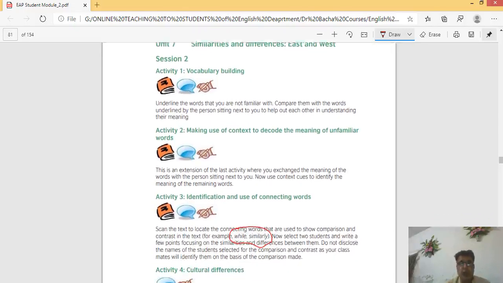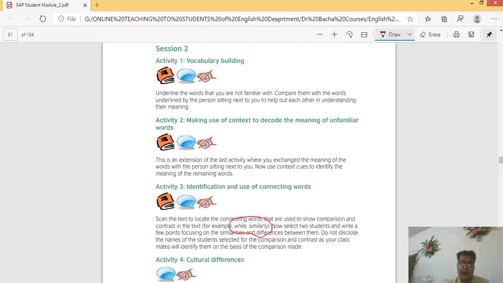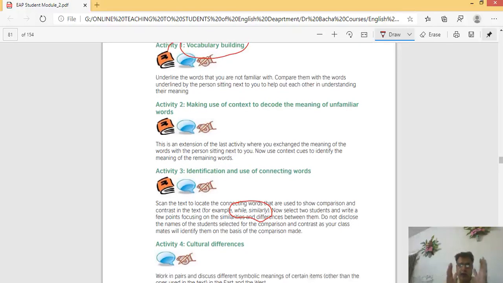And session 2, then we have to look at vocabulary building, because words are the gateway to scholarship. Words play a very important role in language. So you have to look at these things as well. Now you have to underline words that you are not familiar with. For example, if you have not heard the meaning of the words, you have to look at them.